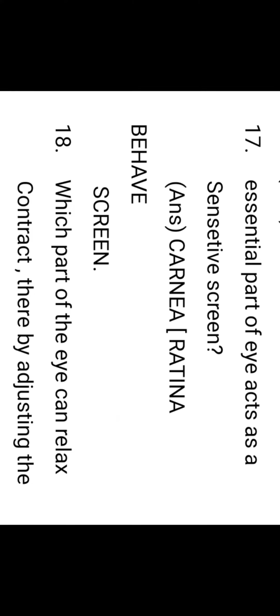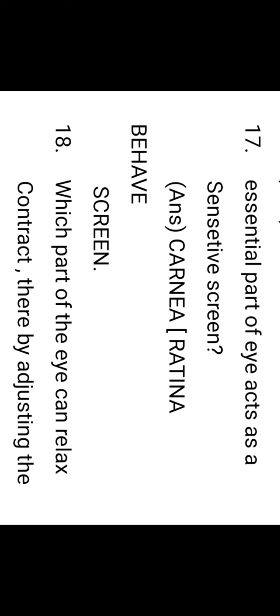The next question: the essential part of the eye that acts as a sensitive screen. The screen is the retina; it behaves as a screen and captures the object you are seeing.